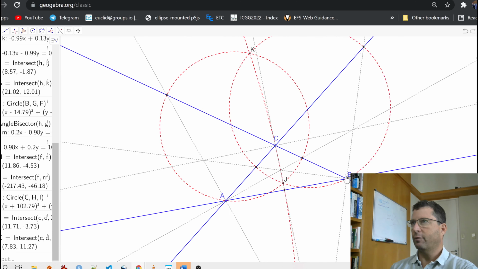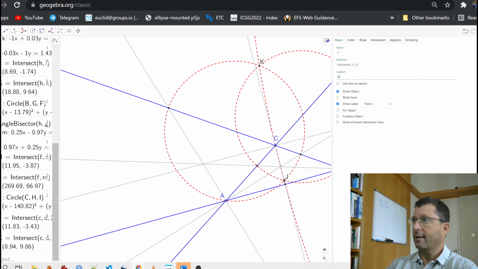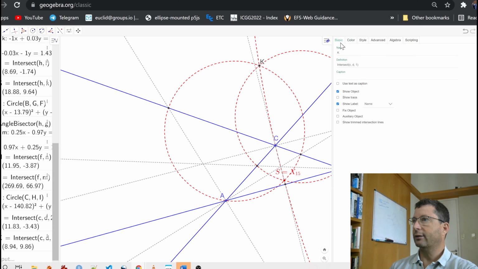And you can see that I can move my triangles. And then finally, let's label this one here as S, which is equal to X15 of a triangle. There it is. And I'm going to make this take on the red color. And I'm going to label this one here as S prime, which is equal to X16.